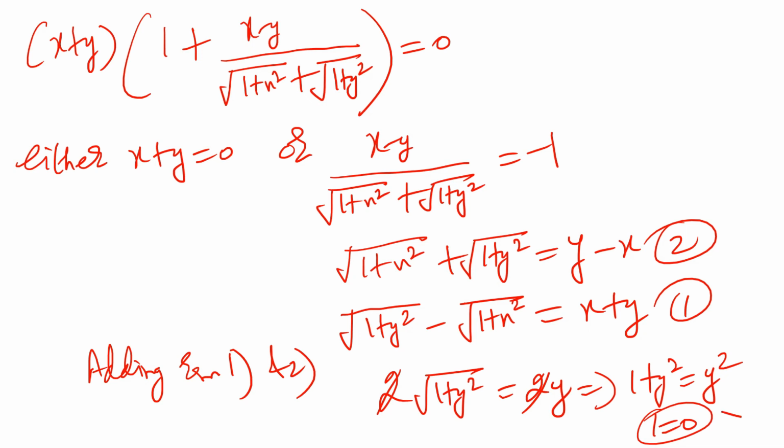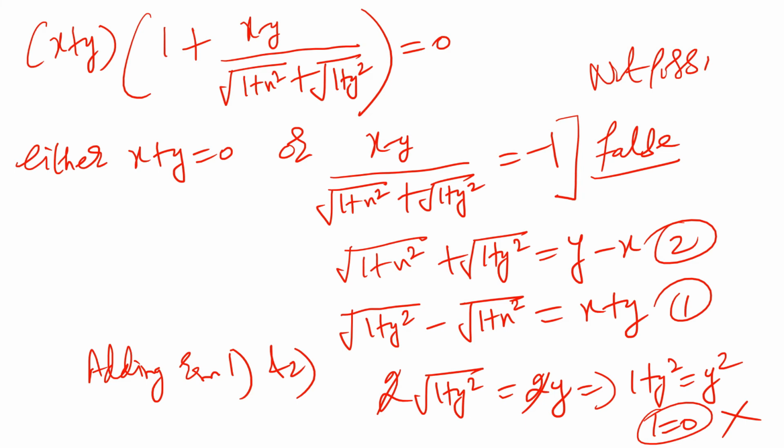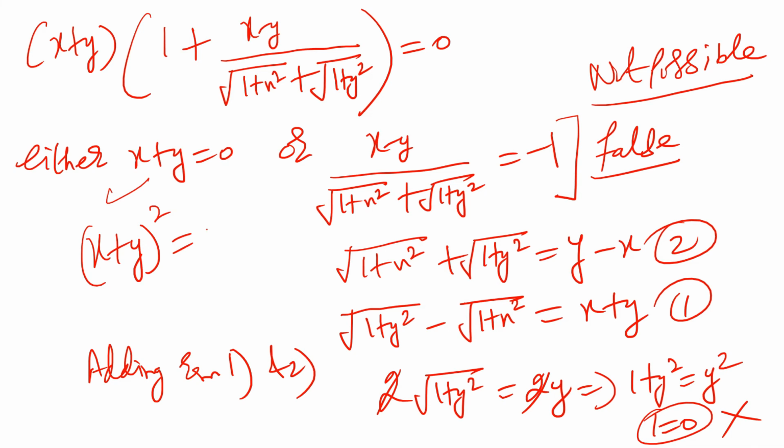It's obvious that it is not possible, right? So that means this particular case comes out to be false. This is not possible. And if it is not possible, then we are just left with one option, and that is x plus y is equal to 0. So that means x plus y whole square is equal to 0. So hence A option is the correct one.